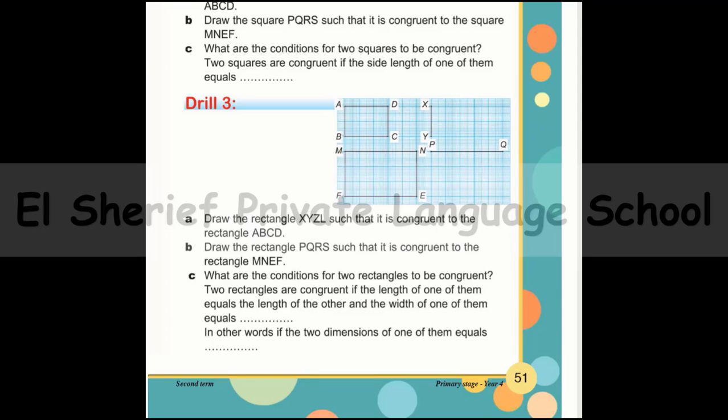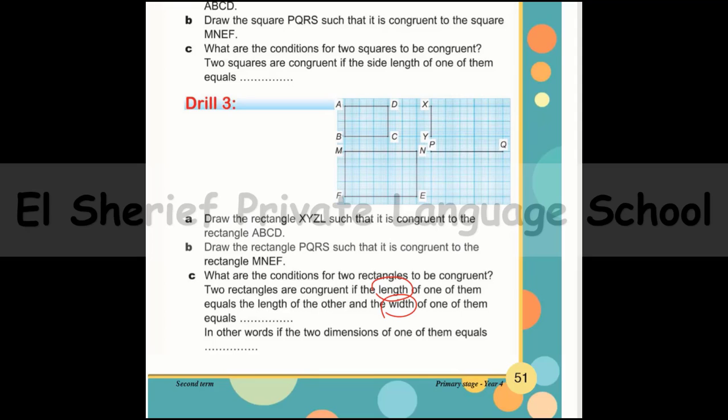So it is enough to know that the length in the first equals the length in the other rectangle, and the width equals the width in the other rectangle. So in a rectangle, length and width are enough.